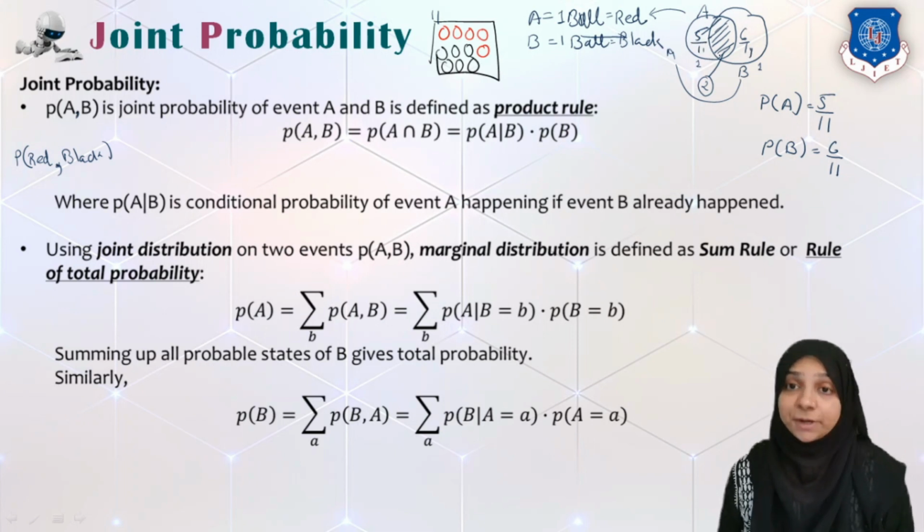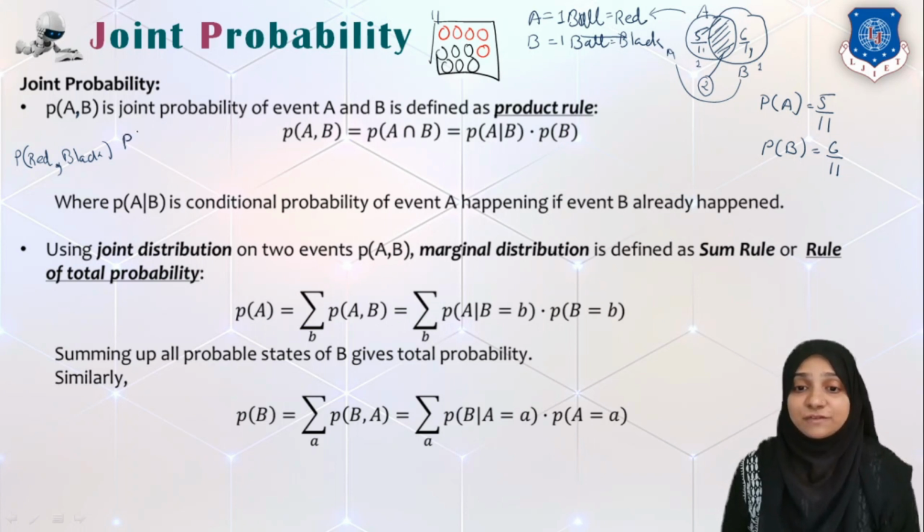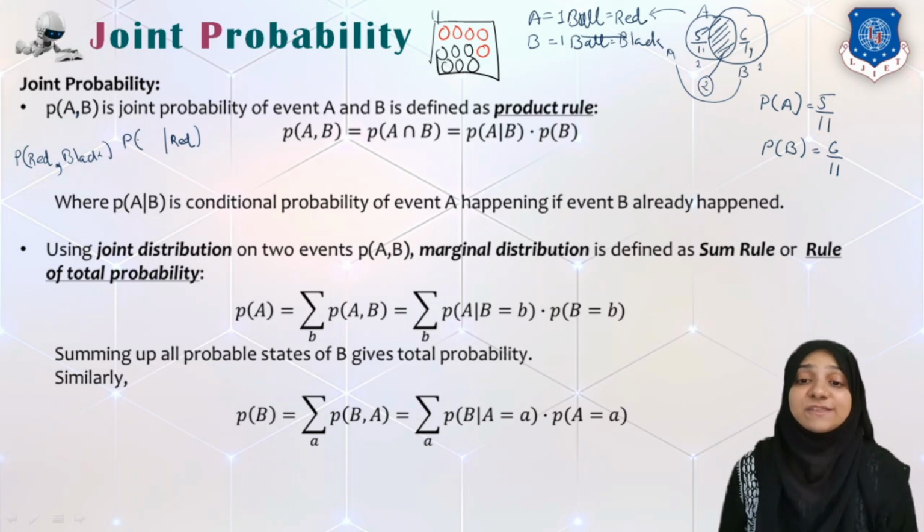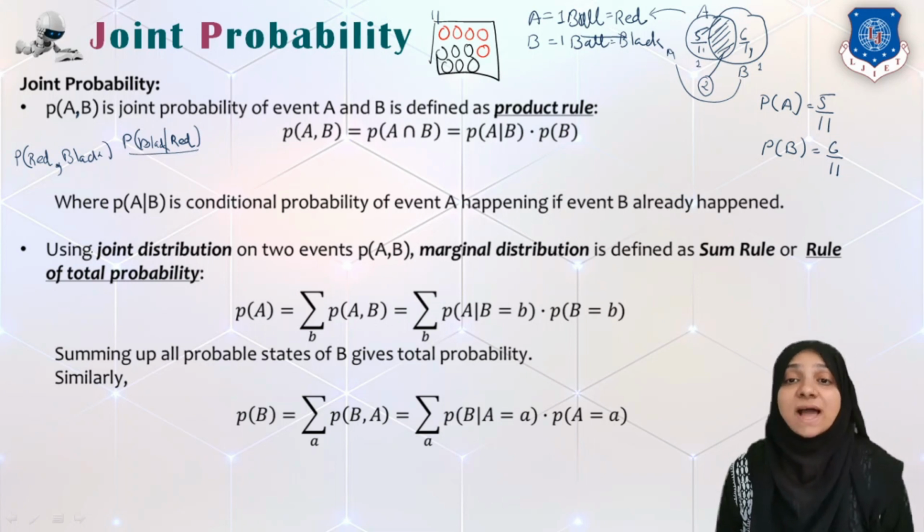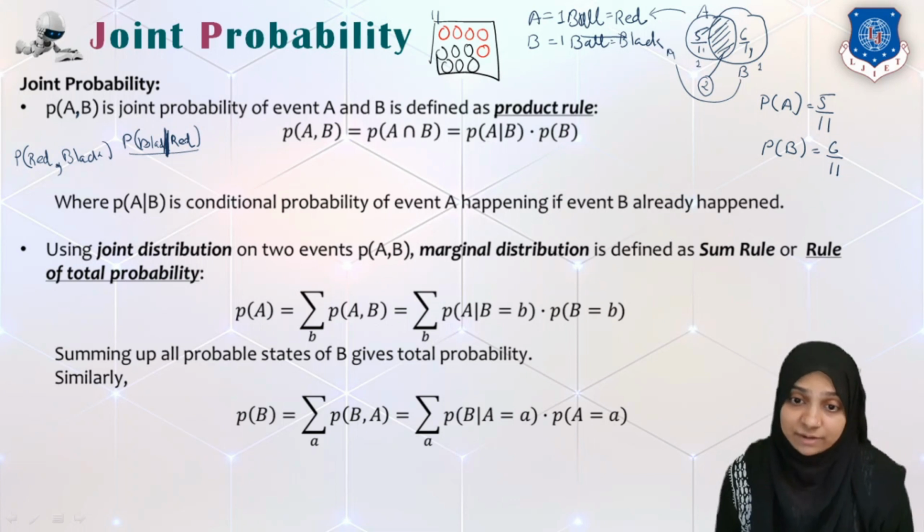Now what is joint probability? Let us assume that the first ball that we are drawing is already red. What is the probability that the second ball will be of black type? This probability is called conditional probability. The meaning of conditional probability is that whatever is written to the right-hand side of the bar is called the already happened event.